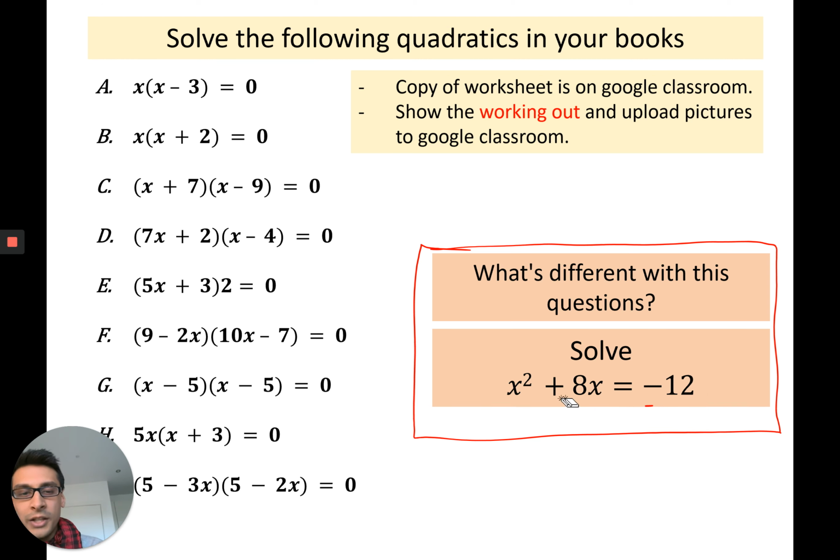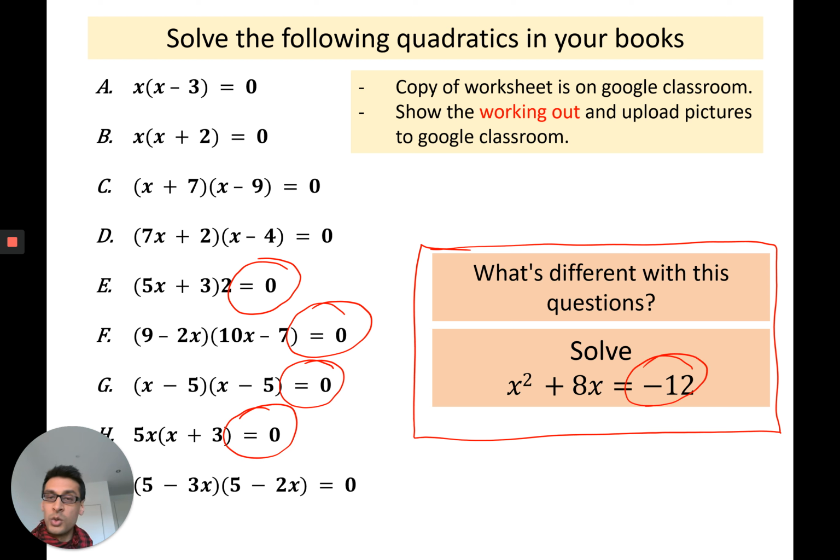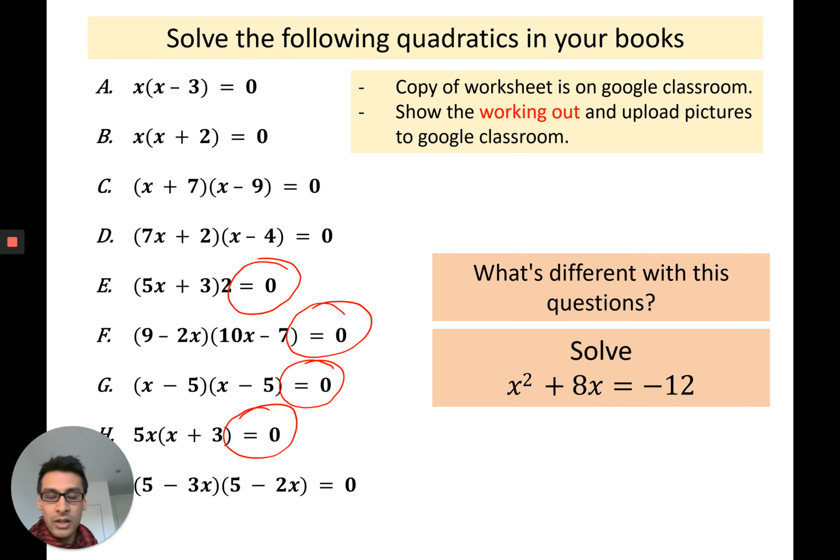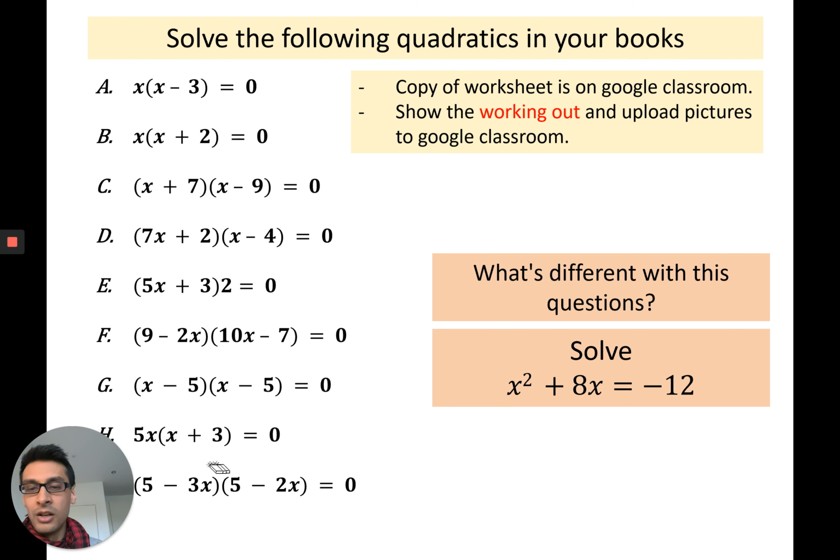And the second thing you'll notice is all of the questions that were given to you in the last exercise equal 0. And in this case, it equals negative 12, so it doesn't equal 0. These two things are going to be the main differences between the equations that we're about to solve now and the equations that you have just been looking at.